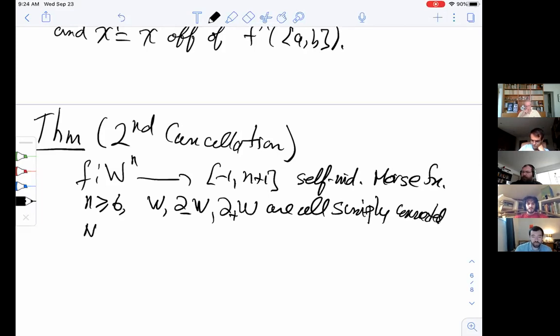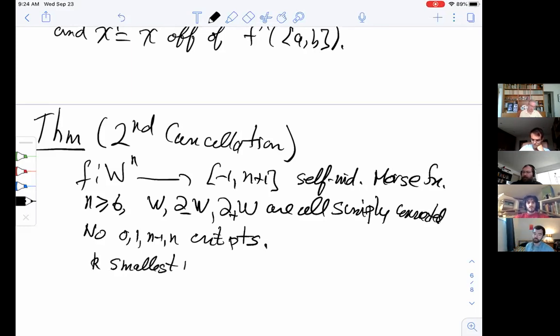And there are no critical points of index 0, 1, n minus 1, or n. Okay? K is the smallest index for which there is a critical point.